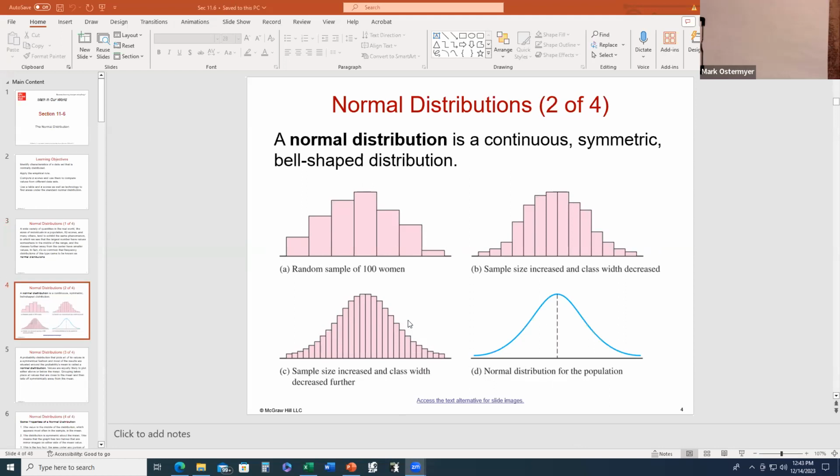And like I said, not only the lengths of pine needles, but if you were to record the heights of, let's say, 1 million human beings, ladies and gentlemen, in inches, and build a frequency histogram of those 1 million data points, I guarantee you that it would be a normal distribution. Nature seems to love normality. Okay? Don't know why, but it's a fact. It's a fact all around us.